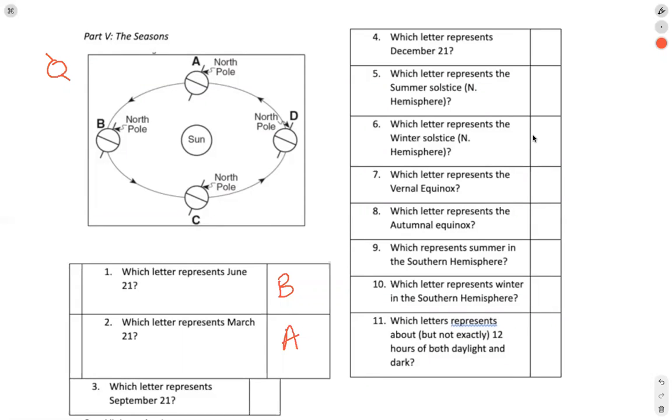What letter represents the summer solstice in the northern hemisphere? B. Yes. And then which one is our vernal equinox? A. Yes.